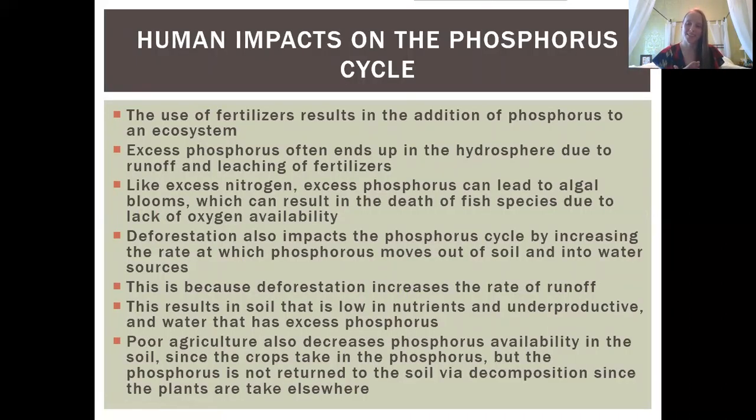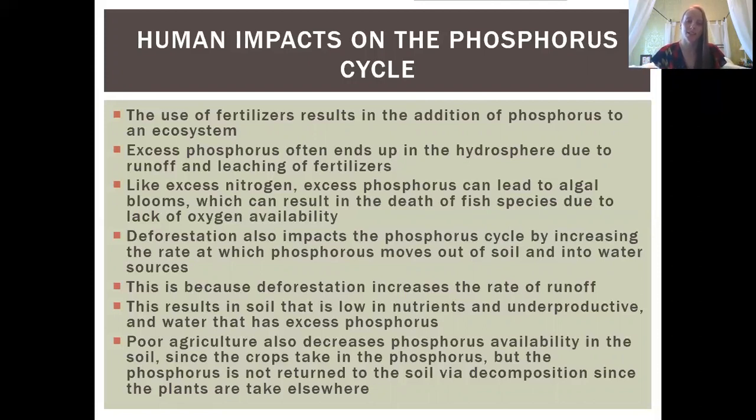Okay, so that's it for the cycle. Let's look at some of the human impacts on it. Just like with the nitrogen cycle, the use of fertilizer has a big impact on the phosphorus cycle because fertilizers contain both nitrogen and phosphorus. So excess phosphorus tends to end up in the hydrosphere because of runoff carrying fertilizers to the water or leaching of fertilizers into groundwater and stuff like that.